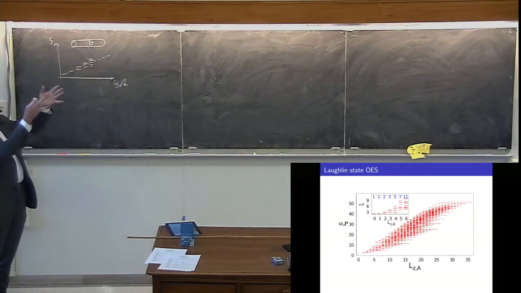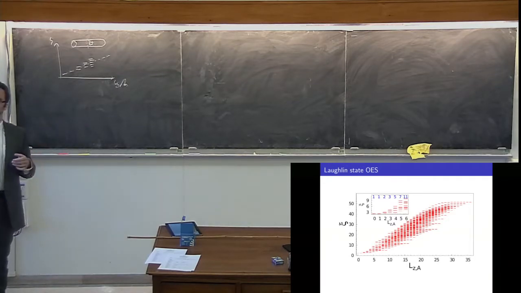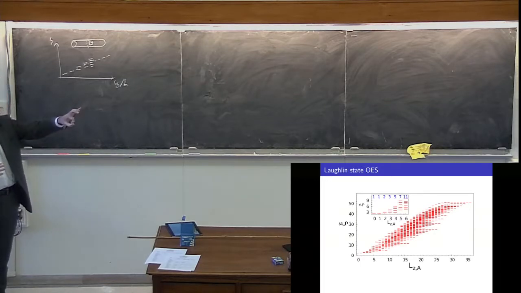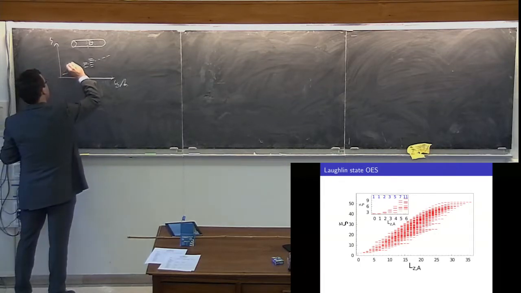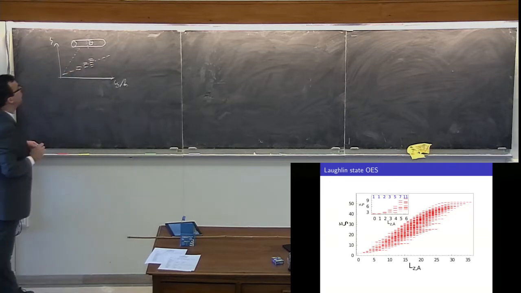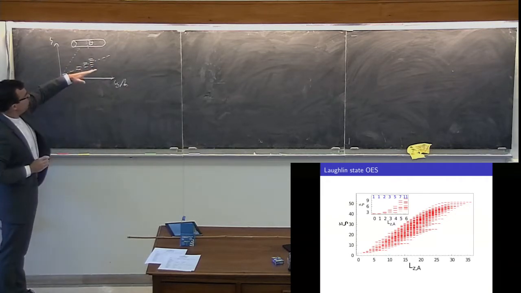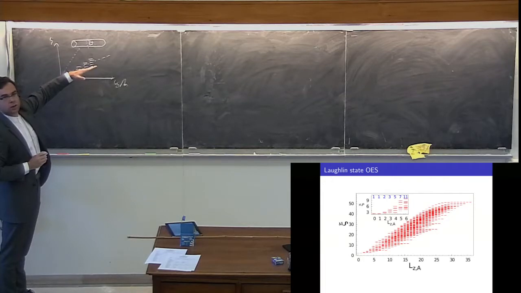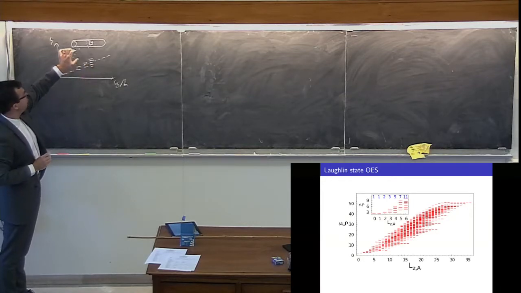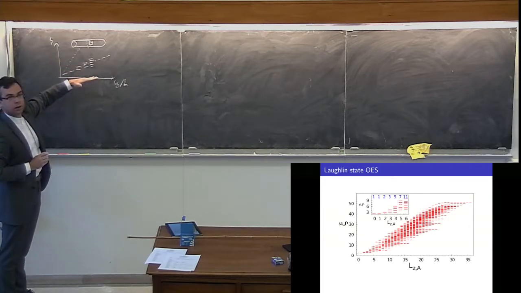So let's say I look at Na equal to N/2, but let's change the perimeter of the cut. What you will see is that basically, depending on the perimeter, the slope of the entanglement spectrum will change, right? If you go to a thinner torus, so if you decrease L, the slope will increase, and vice versa.